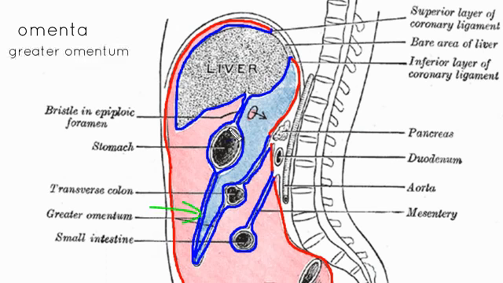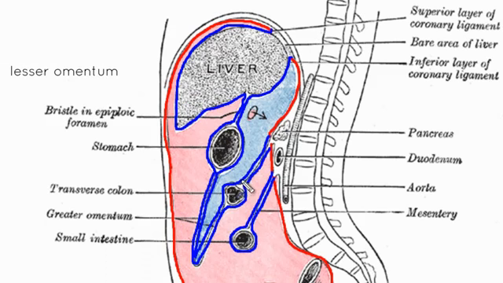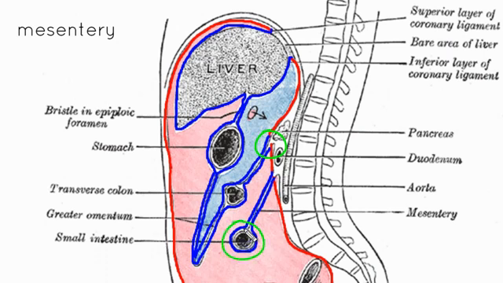So you've got a greater omentum and a lesser omentum. And where the visceral peritoneum doubles up around other organs and attaches them to the posterior abdominal wall, it's called a mesentery. You can see this doubling up of the visceral peritoneum surrounding the transverse colon and attaching it to the posterior abdominal wall. And you can also see it surrounding the small intestine and attaching it to the posterior abdominal wall. This is called a mesentery.